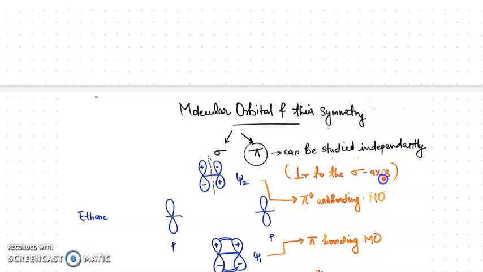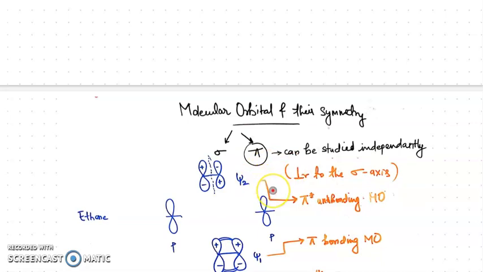Sigma bond is along the internuclear axis, while the pi bond is perpendicular to the internuclear axis. So since we are dealing more with pi bonds in pericyclic reactions, we will try to write only the molecular orbitals concerned with the pi orbitals in order to talk about pericyclic reactions.